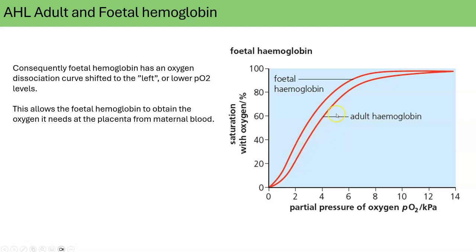Your adult hemoglobin will sometimes be losing oxygen molecules, and those will be more likely to end up on the fetal hemoglobin, because it has a higher affinity for oxygen. So this allows the fetus to steal oxygen from the blood and hemoglobin of the mamas. Neat. Otherwise they would die.